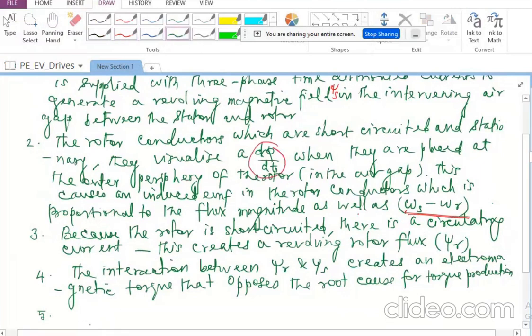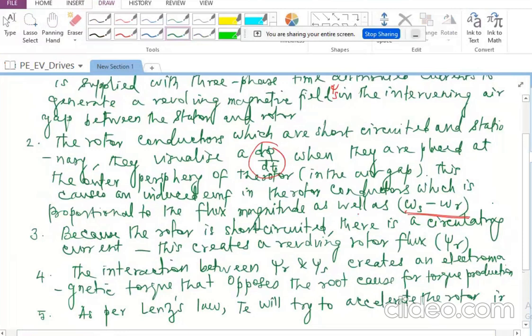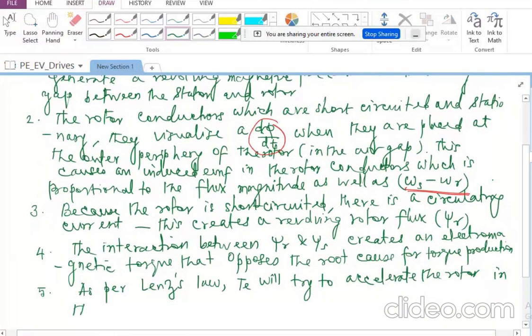So, as per Lenz's law, TE will try to accelerate the rotor in the same direction as that of omega s.